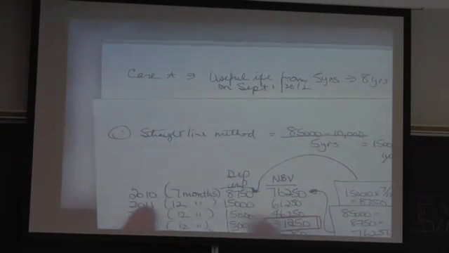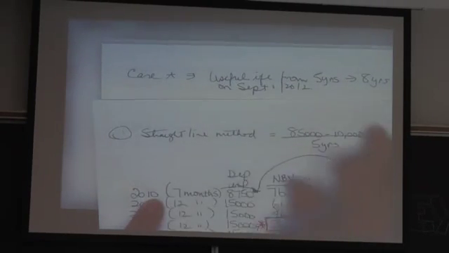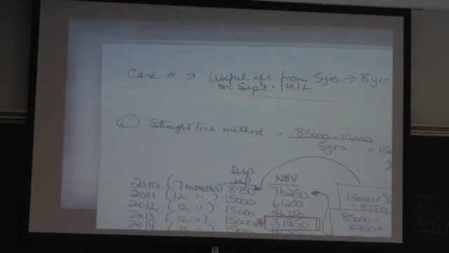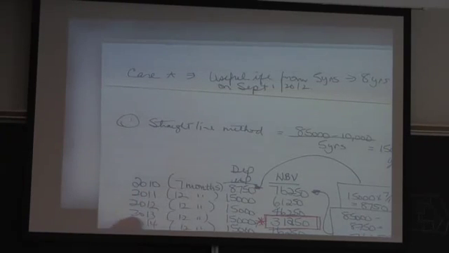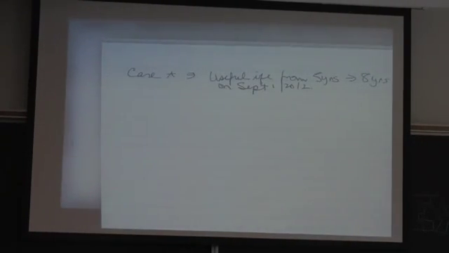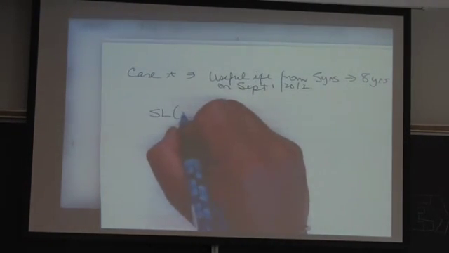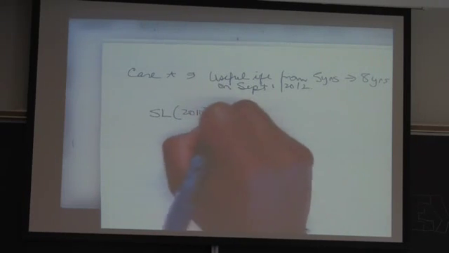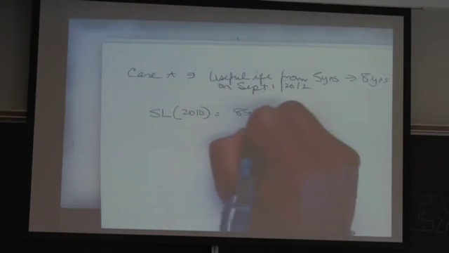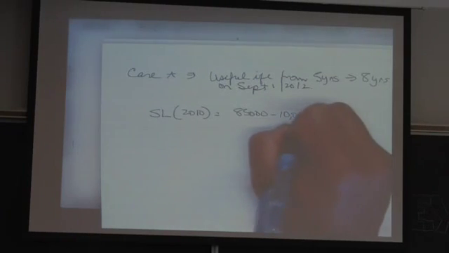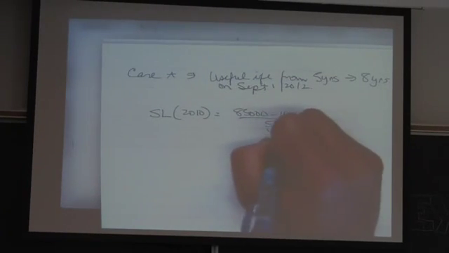We know that the amortization of the old was 15,000. Straight line is going to be 85,000 minus the 10,000, divided by 5 years.